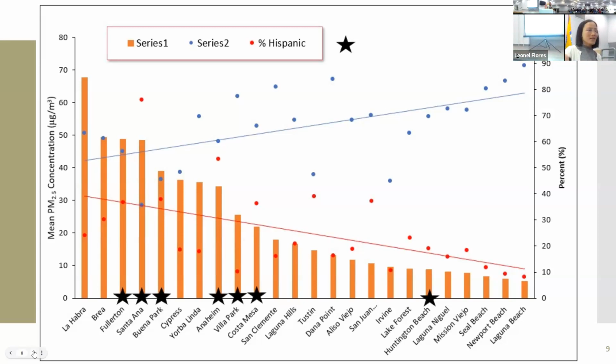Most of the time you can see that in the cities where street fireworks are allowed to be sold and used, you have relatively high pollution. There are exceptions, like La Habra and Brea, because those cities may be downwind of the other cities which allow the fireworks.